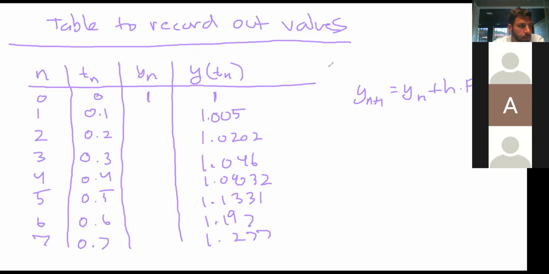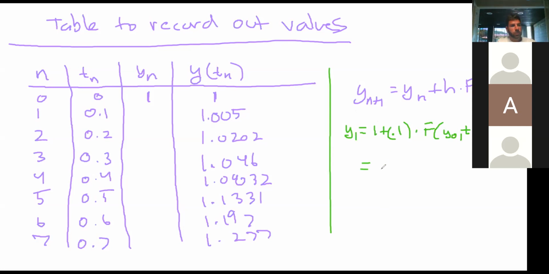So how am I going to get them? Well, I'm going to get them using the formula. What is, for example, y of 1? Well, y sub 1 is 1 plus 0.1, because that's h, times f of y sub 0 comma t sub 0, which is 1 plus 0.1. And then what are you plugging in here?